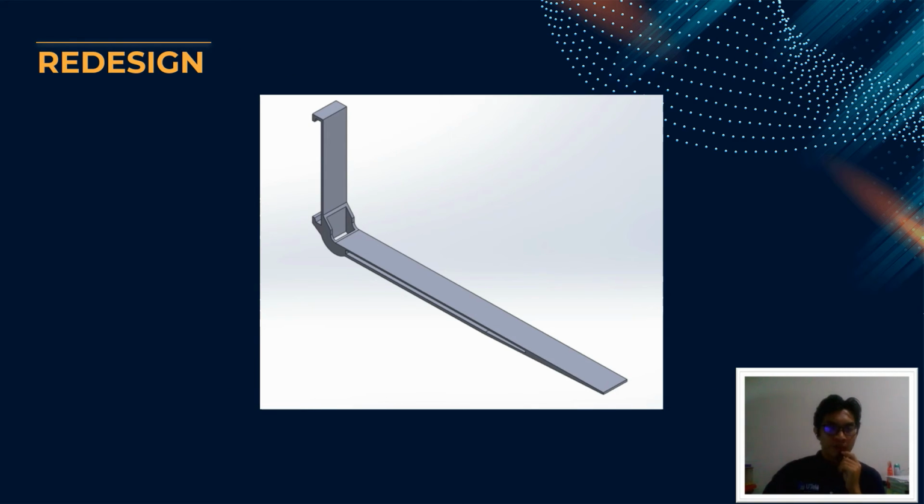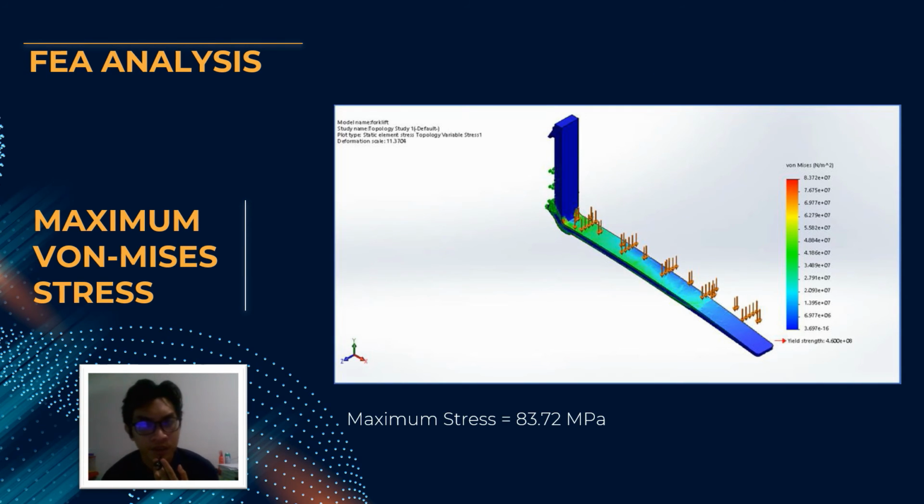After getting the result from the topology optimization, we did the redesign of this product, and this is the result of the redesign. After the redesign, we analyzed the new model, and the maximum von Mises stress for this new product is 83.72 megapascal.